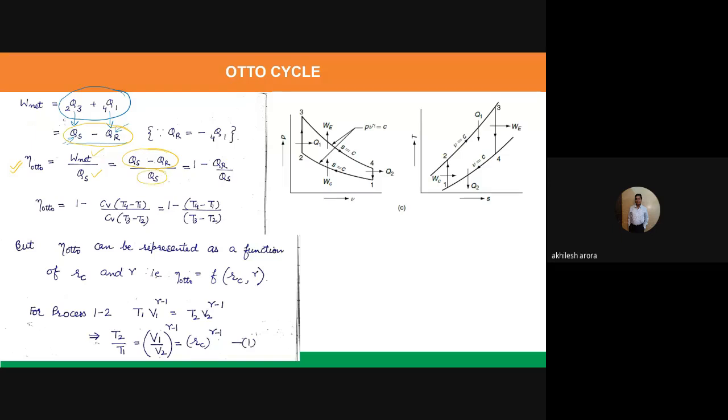So in the next step, it is written as 1 minus QR divided by QS. Now we can put the values of QR and QS: 1 minus CV (T4 minus T1), this is the value of QR, divided by CV (T3 minus T2), this is the value of QS. In the next step, we can cancel CV by CV and we are left with this particular value of the efficiency of the Otto cycle.